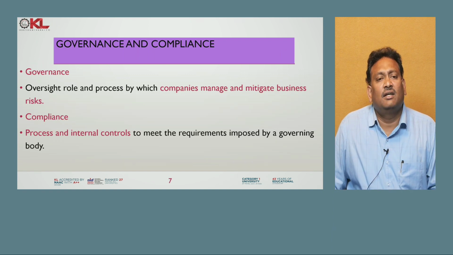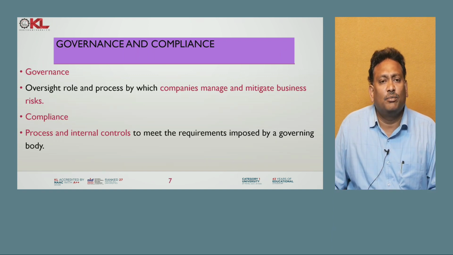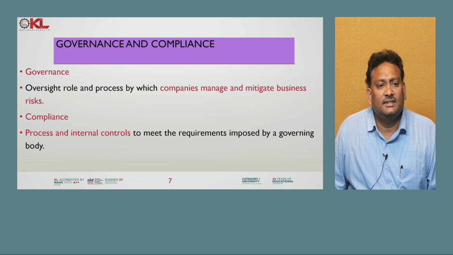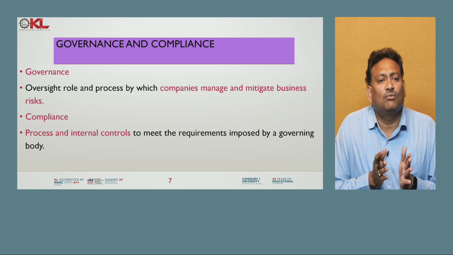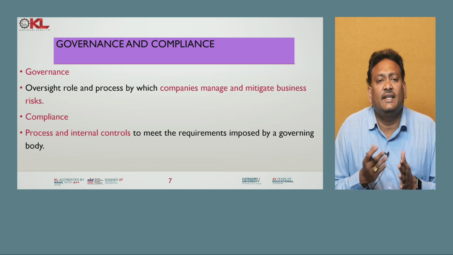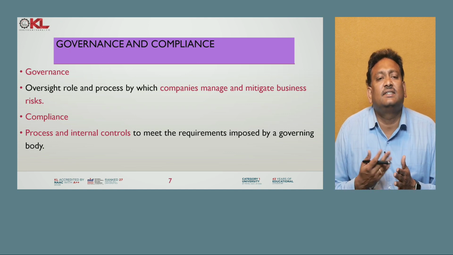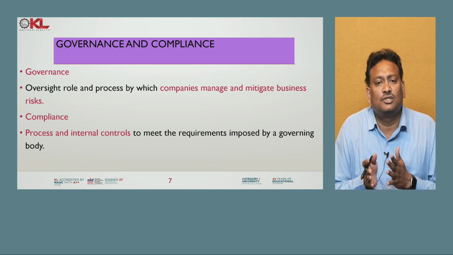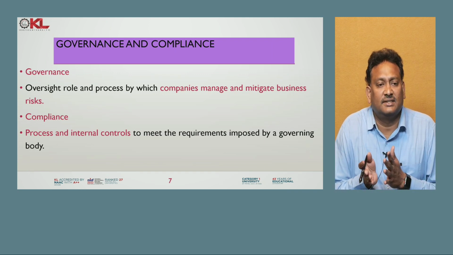In our course we are focusing on governance and compliance. Governance means the oversight role and process. Process means the set of activities by which companies manage and mitigate business risk. So companies follow some rules and regulations to manage and mitigate business risk.